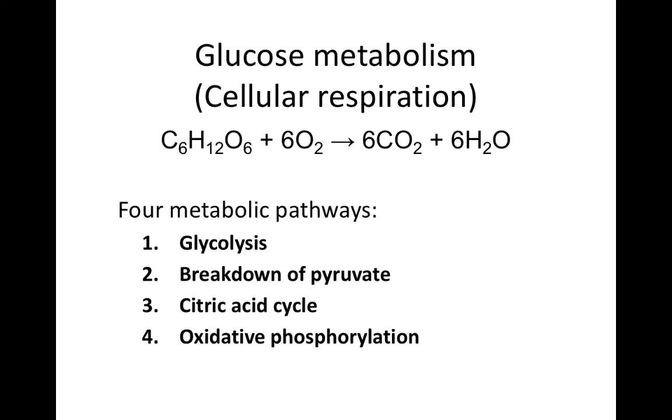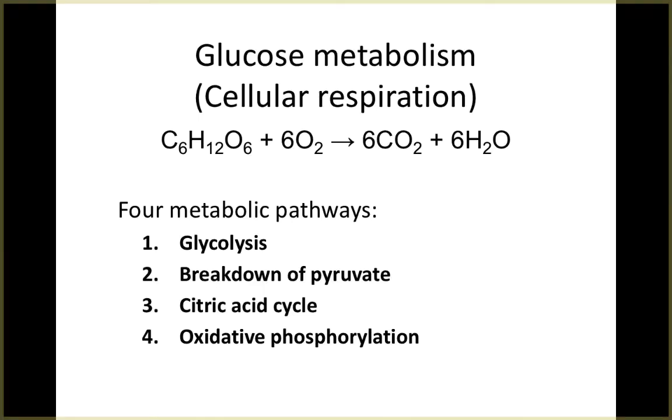So glucose metabolism, also known as cellular respiration, is the process of making ATP. And this is the overall reaction for it. You have C6H12O6, which is glucose. You should be able to tell that this is a carbohydrate because it has that ratio C1H2O1, right? And so this is glucose plus 6 oxygen plus 6 will go to, right?